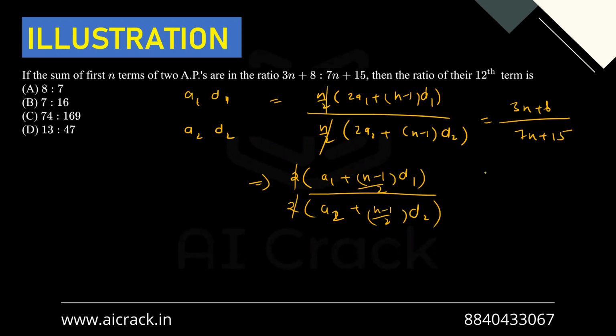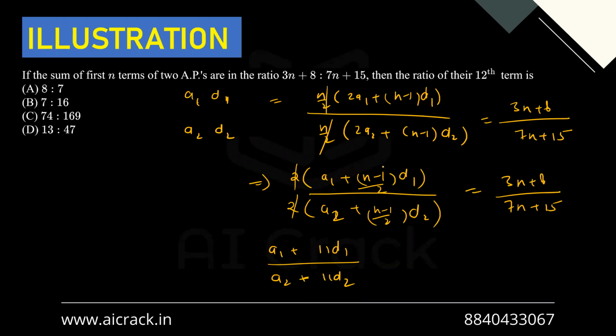Now we have to find out the ratio of their 12th terms. That would be a1 plus 11 d1 divided by a2 plus 11 d2, right? We have to find out this ratio. Now this equals 3n plus 8 divided by 7n plus 15.